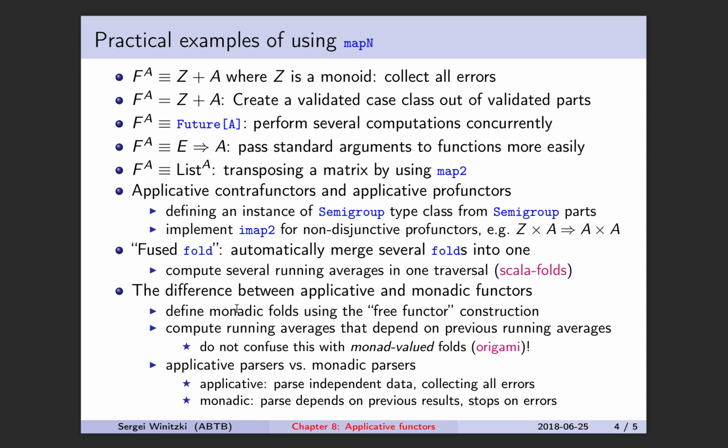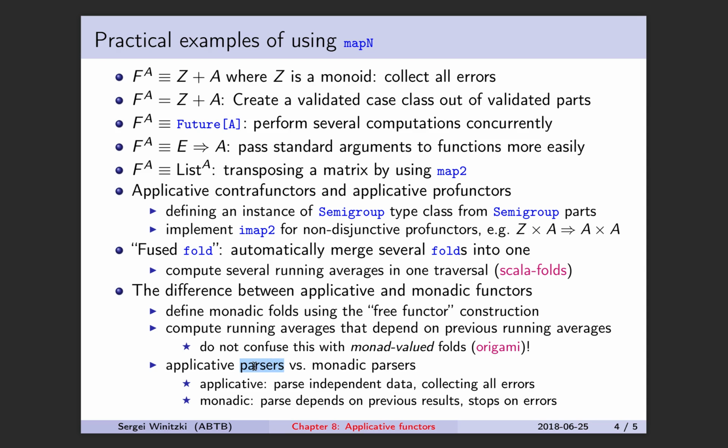And I show code that emphasizes a difference between using applicative and monadic combination or composition of computations, where I show, for instance, what happens if I do applicative merging of different folds as opposed to monadic merging, which I can also define, and this is all shown in the code, how to use that.